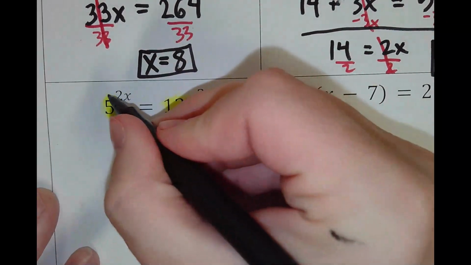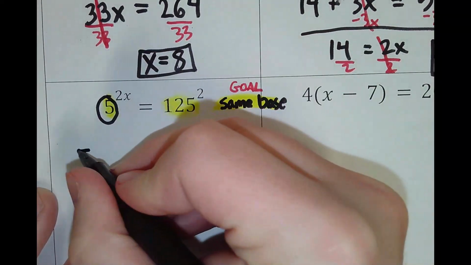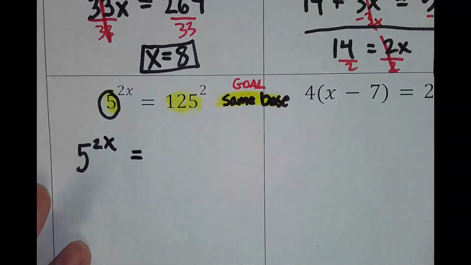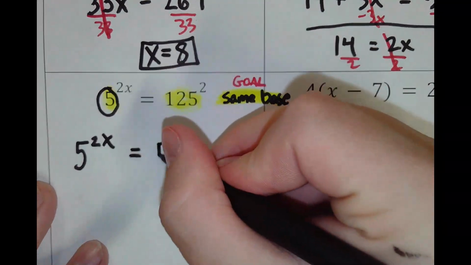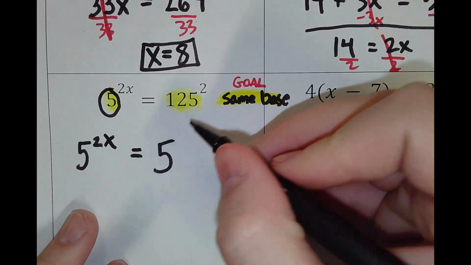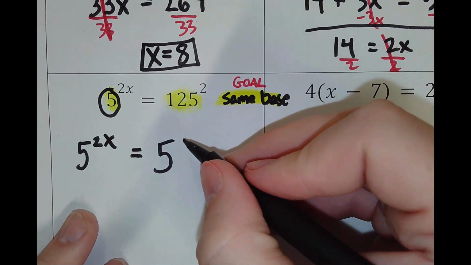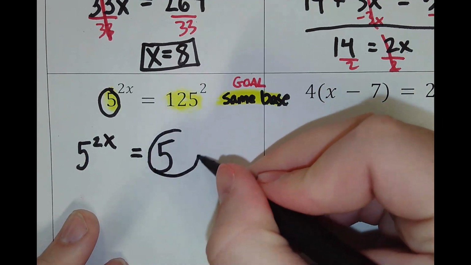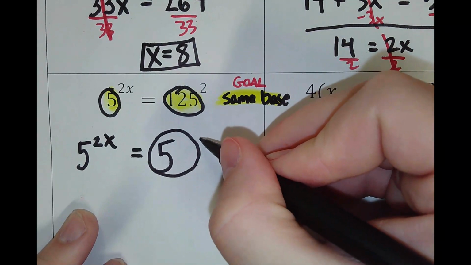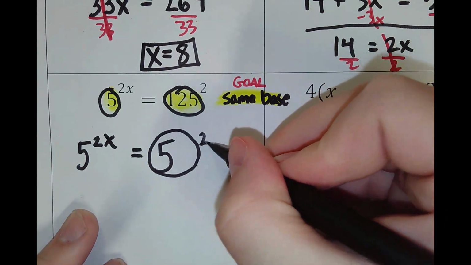So if this is a 5, then I want that to be a 5. So I'm going to write this right here as 5 to the power of 2x equals 5 to the power of something, to the power of 2.